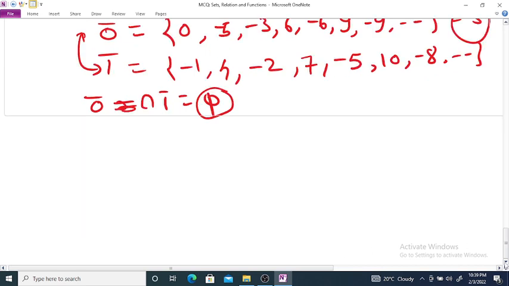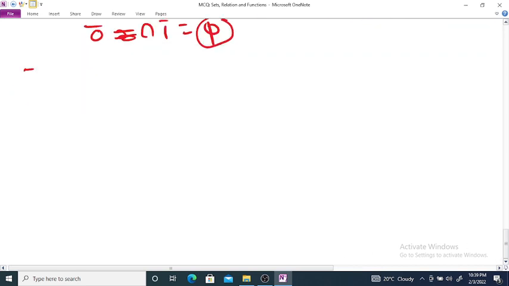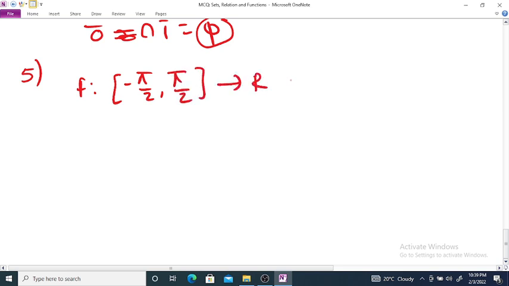Example number 65. Let f be a function from minus pi by 2 to pi by 2 to R, the set of real numbers, defined as f of x is equal to sin x.